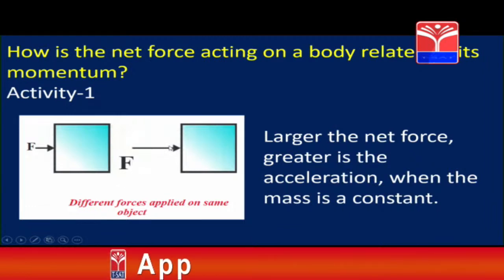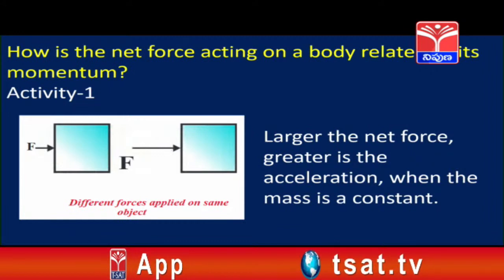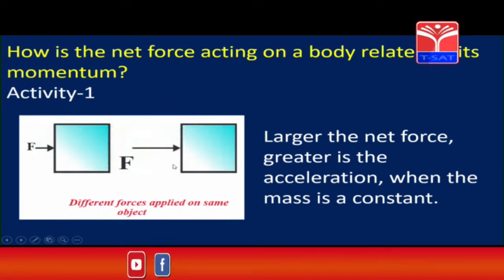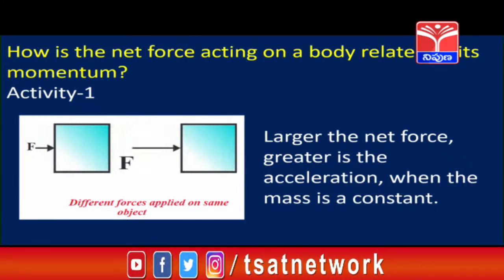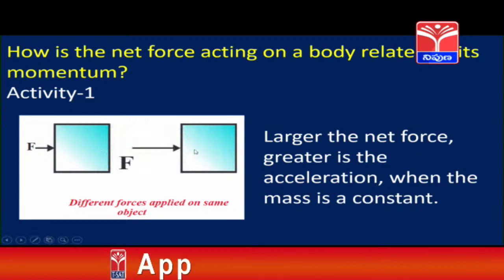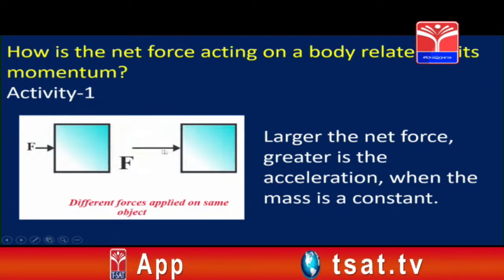So, when you do that, you obviously know that from rest, it will suddenly gain a velocity, or the acceleration that it will get will be larger. But it is the same block that we are talking about. The same block means same mass. For the same block, when you apply a smaller force, you are able to get a smaller acceleration.